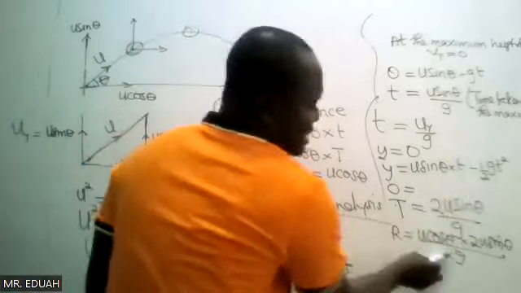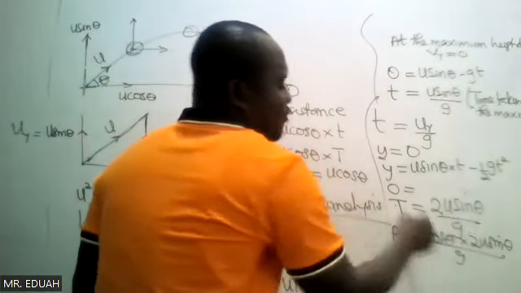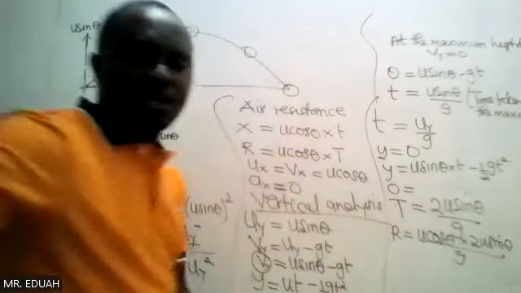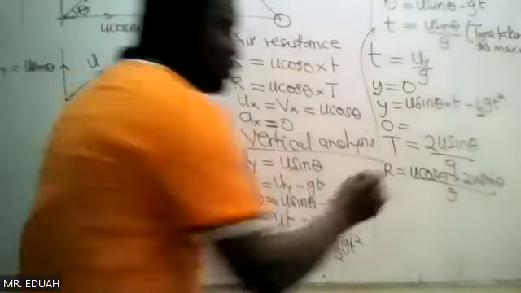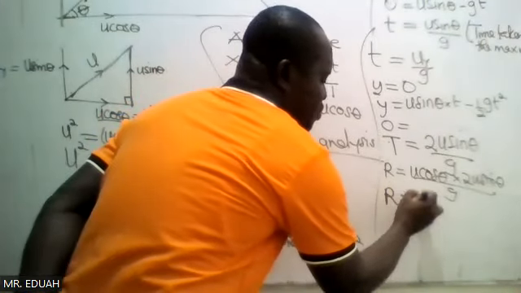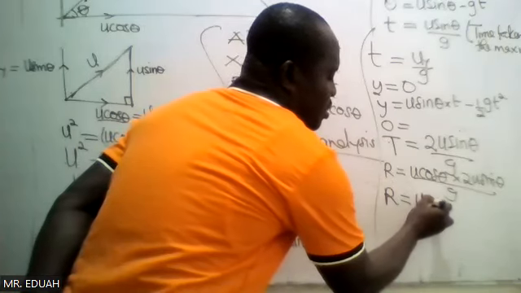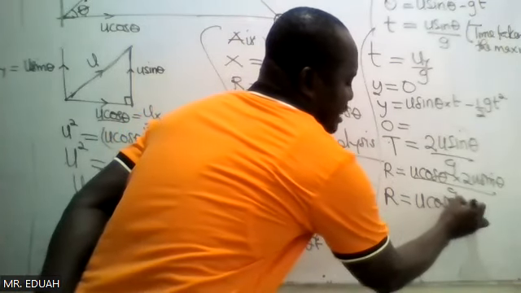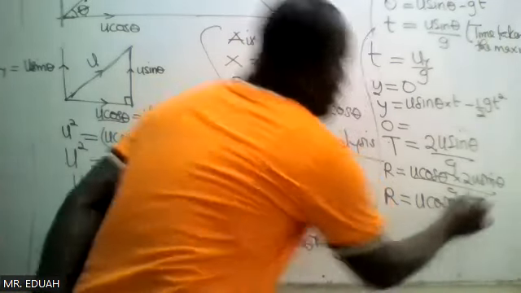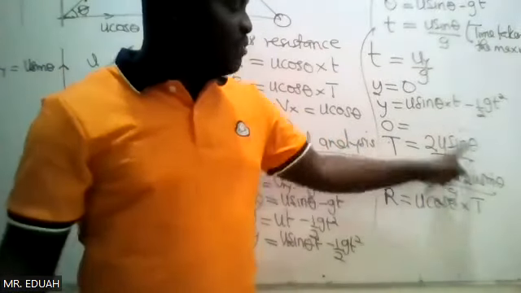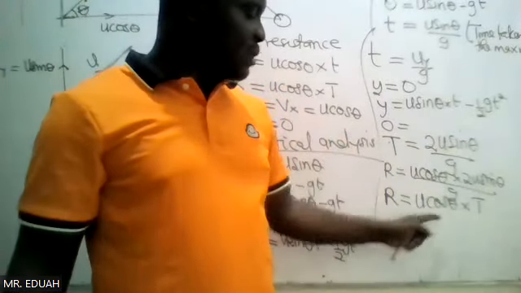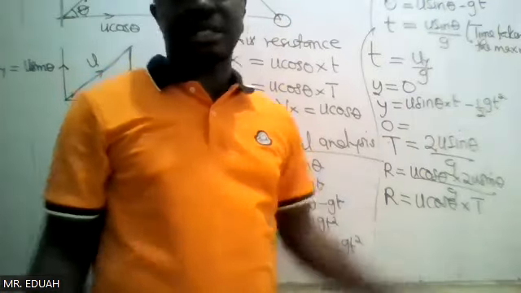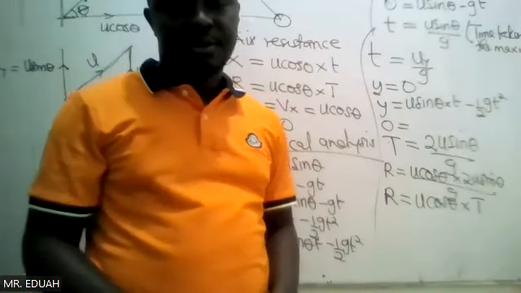So I can use this to find my time of flight and then use r is equal to u cos theta times t. This would give me t. I just multiply by u cos theta to find the range.